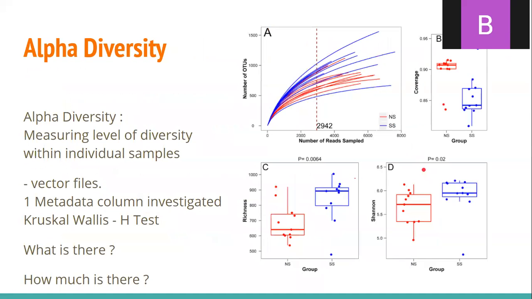Okay, why do we use alpha diversity? What is the difference between beta diversity and alpha diversity? So alpha diversity is used for measuring the level of diversity within the samples, not between the samples. Beta diversity is measuring the dissimilarity between the samples.